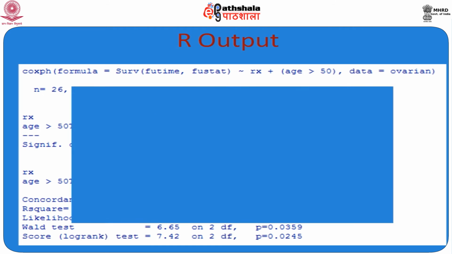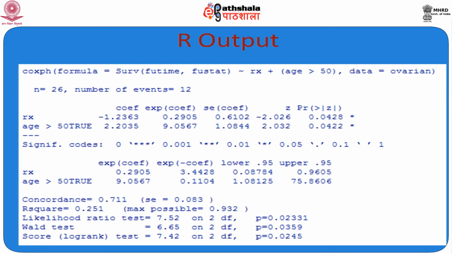This is the result. Here we are getting the regression coefficient estimate for patients over 50 years, and it is coming with 2.2035 as the regression coefficient for those having age more than 50 years, with an odds value of 9.0567 and a p value of 0.0422.